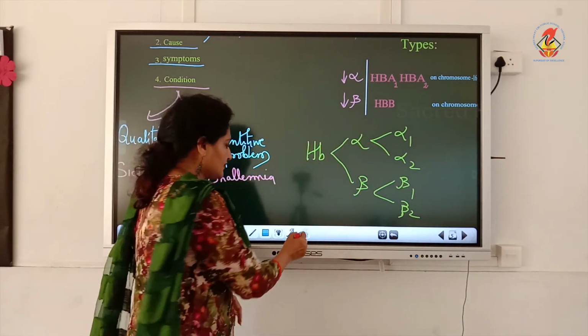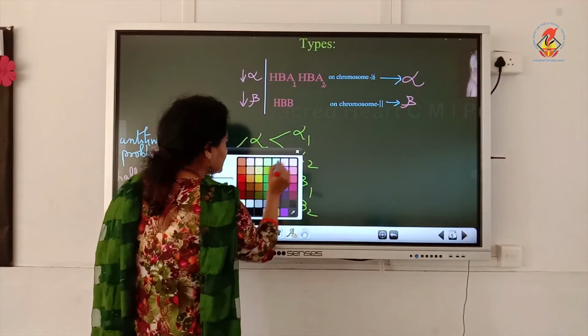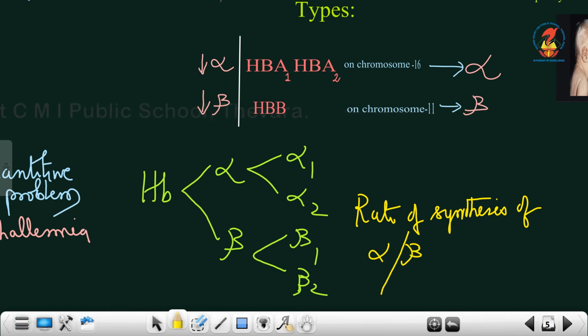or beta decreases, also due to mutation. So the drawback is this: the rate of synthesis of one of the globin chains, either alpha or beta, decreases, not increases, decreases. So it's a quantitative problem.